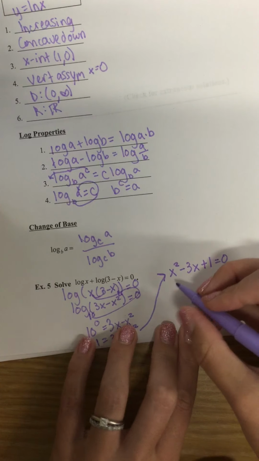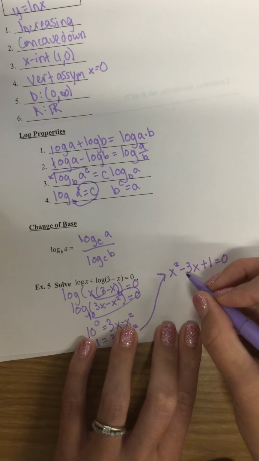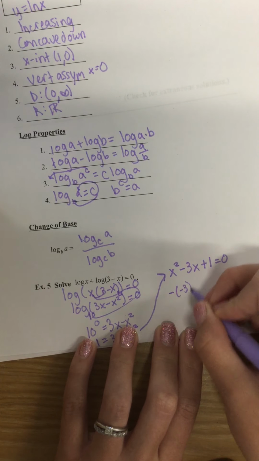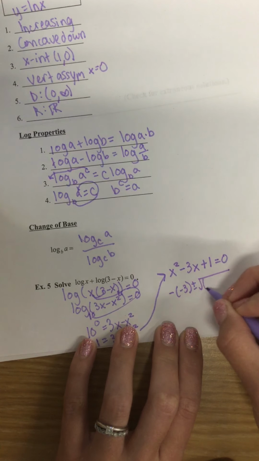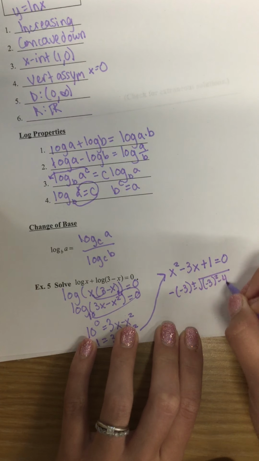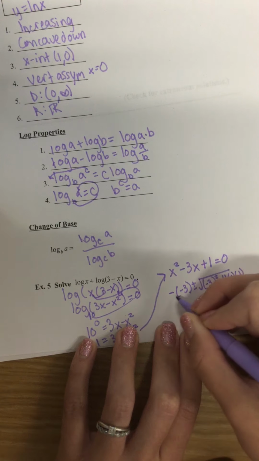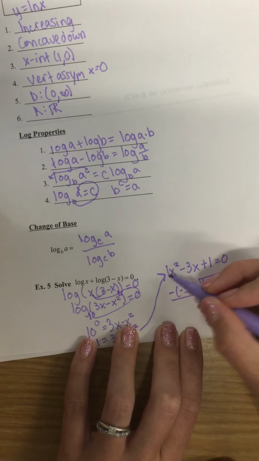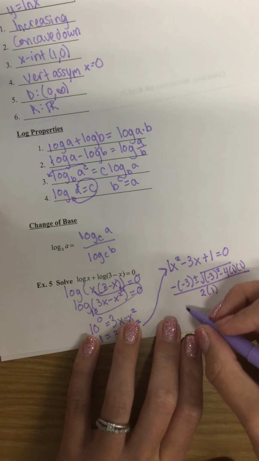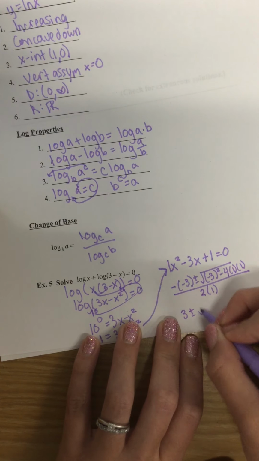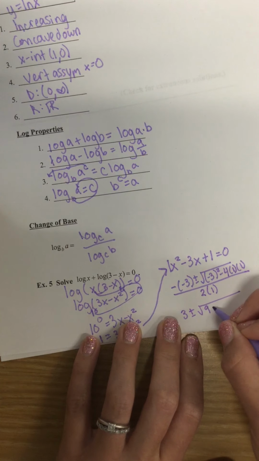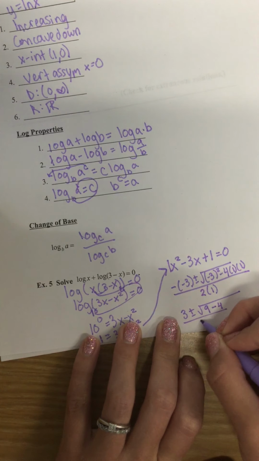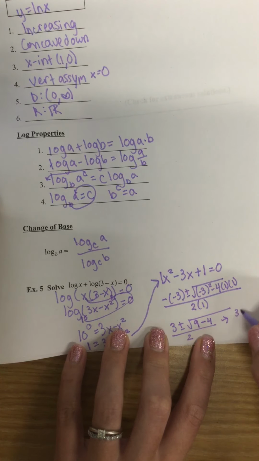So I need to jump into the quadratic formula: negative b plus or minus the square root of b squared minus 4ac, all over 2a, because there's that imaginary 1 there for a. Now that I have this, I can simplify: 3 plus or minus the square root of 3 squared, which is 9, minus 4, all over 2. So this breaks down to 3 plus or minus the square root of 5, all over 2.